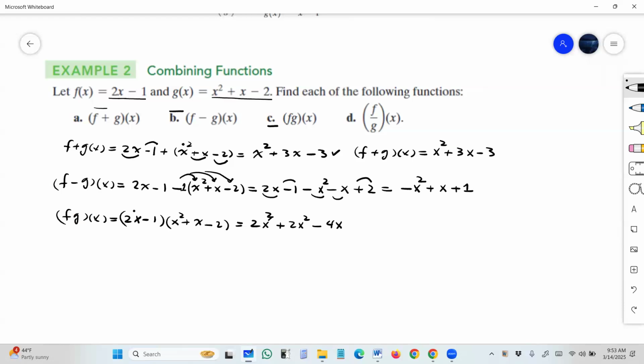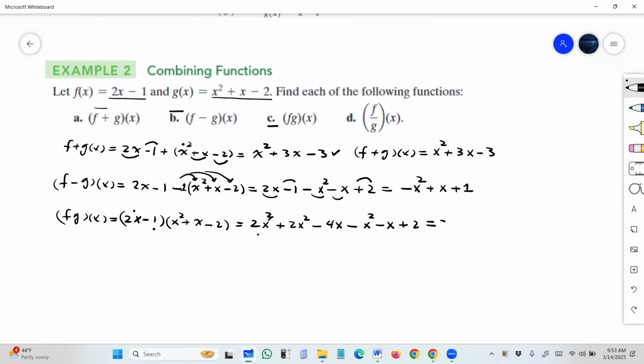And now I have to do the minus 1 times everything. So minus 1 times x squared, minus x squared, minus 1 times x, minus x, minus 1 times minus 2 is positive 2.